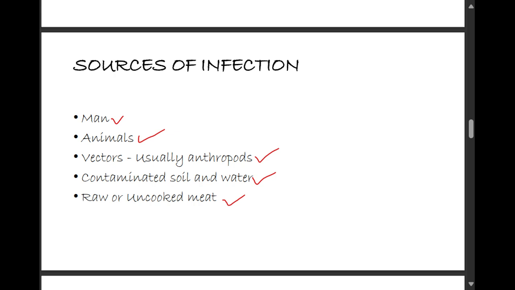For example, raw beef, which might contain larvae of a certain parasite, and also pork, which might also contain a certain parasite, are the best examples of raw and uncooked meats, which are usually prevalent as sources of infection.